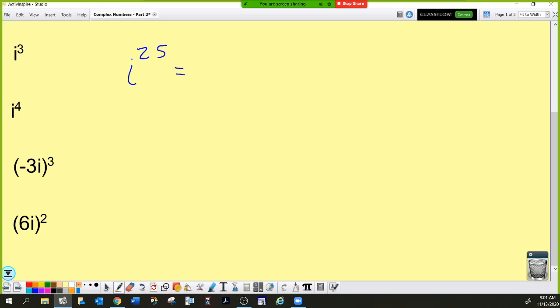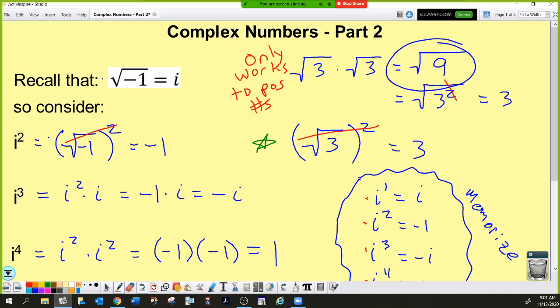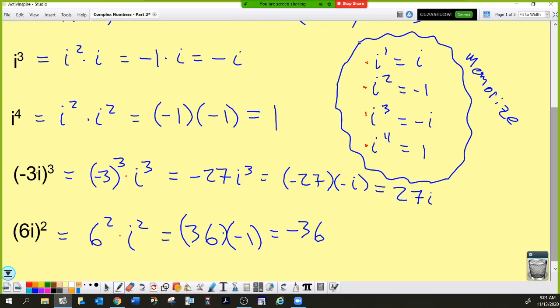Lewis, can you go back to the pattern? Whenever the exponent is not even, it's i, and whenever it's even, it's like 1.